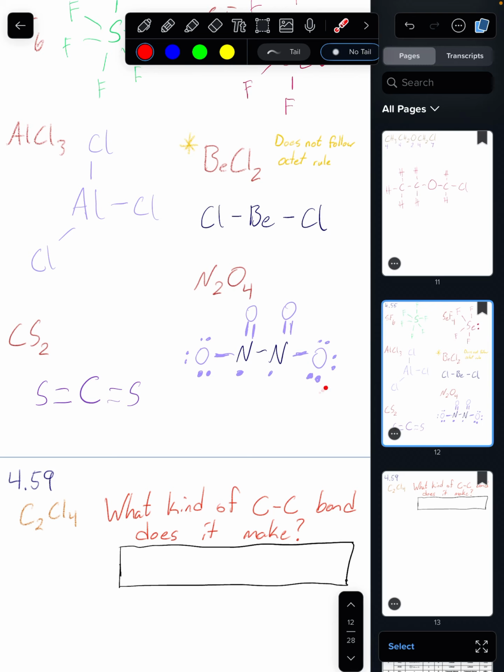Because we're not doing another bond, so we know that these are going to be over here to help make the oxygen happy. So we have a 1, 2, 3, 4, 5, 6. And we only have 1 bond, which is 7. Okay? It's not sharing one of these extra electrons here.